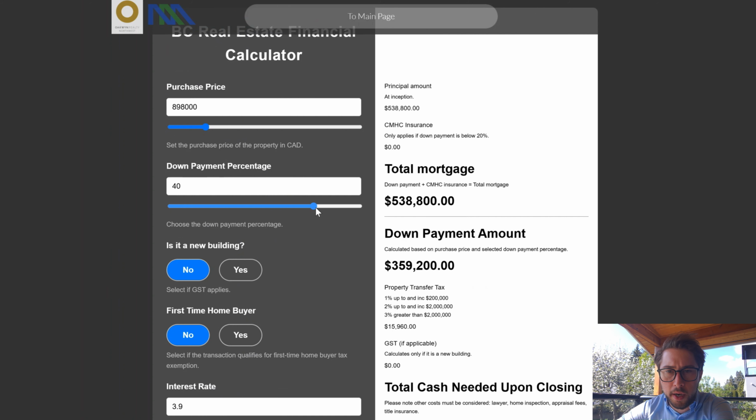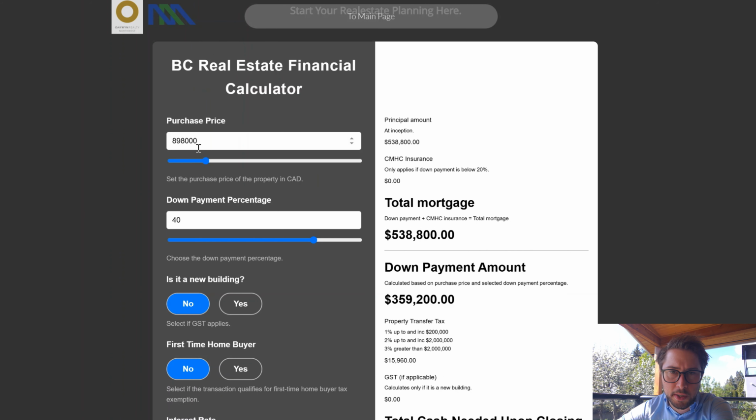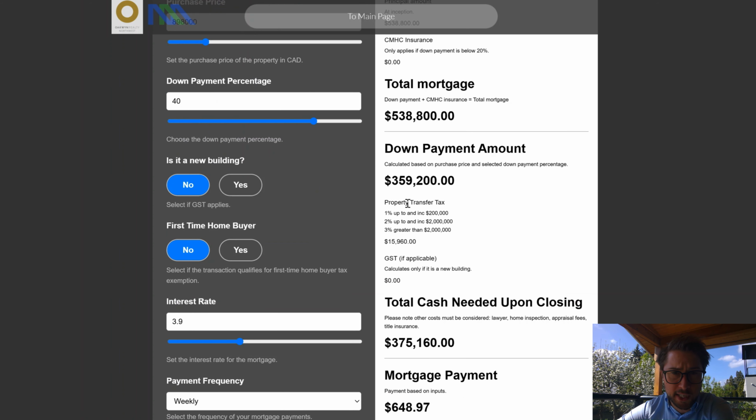Good. So that would be our purchase price, here would be our principal and our total mortgage, and this would be our down payment amount if we put 40% down. This is the down payment we need, but that's not all the cash we need up front. We also need to think about the property transfer tax.